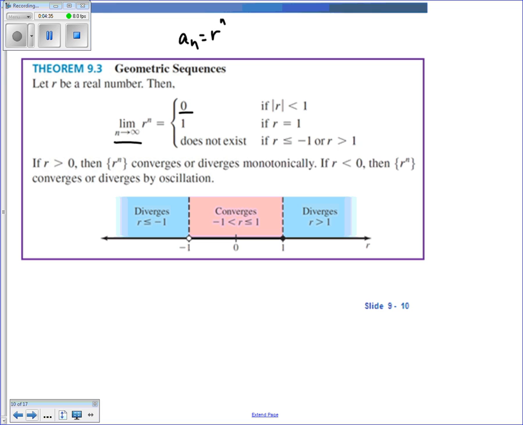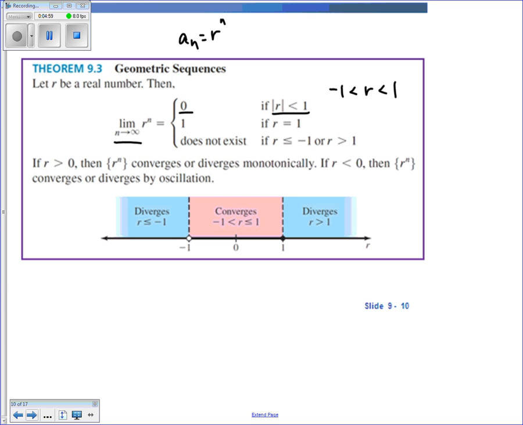So that limit is 0 if the absolute value of the r is less than 1. So that's as long as the r is between negative 1 and 1. So it will converge to 0 because each time you're multiplying by something less than 1. So you're taking a fraction of what you had before. And it doesn't matter whether it's positive or negative. The negative just means it's going to be oscillating going towards 0.